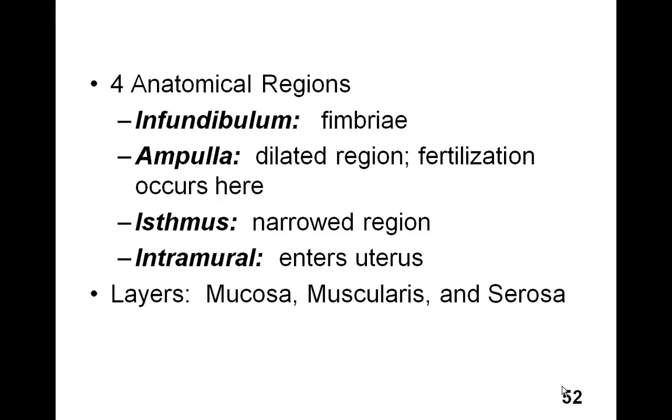This is a narrowing region, and then the portion of the oviduct that actually pierces the wall of the uterus is the intramural zone. Now, within each of these regions, we will find the following zones. We're always going to have a mucosa, then we're going to find a muscularis, and then finally a serosa.